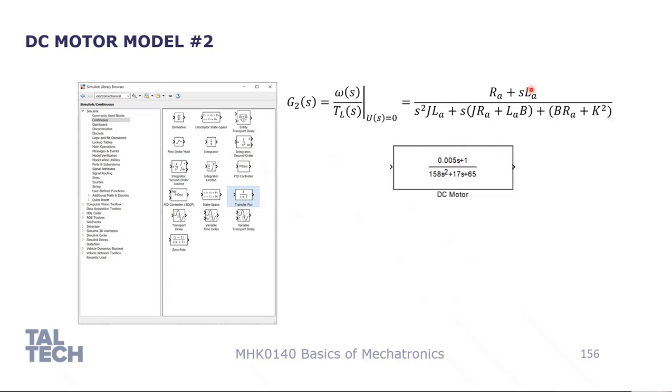In the static model, we didn't discuss the inductance because in the static operation of the DC motor, we have constant current. At constant current, the inductance of the winding is not changing.